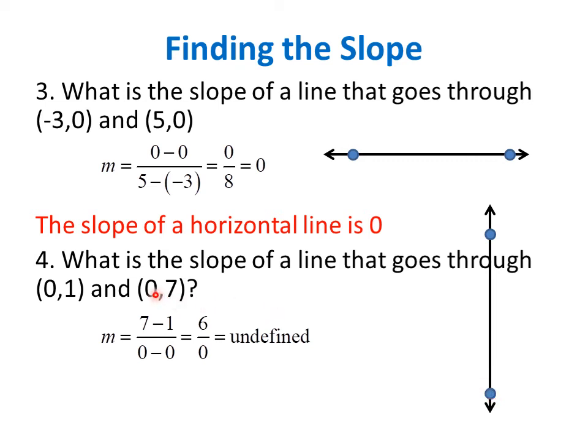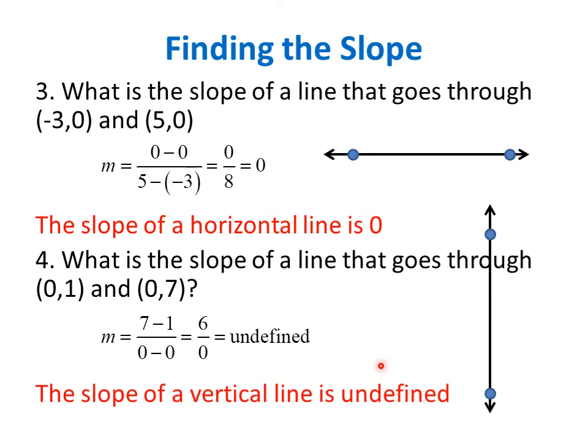And (0, 7), since both points have 0 as the x values, (0, 7) is somewhere directly above (0, 1). Therefore, the 2 points form a vertical line. And yes, we have to remember that the slope of a vertical line is undefined.